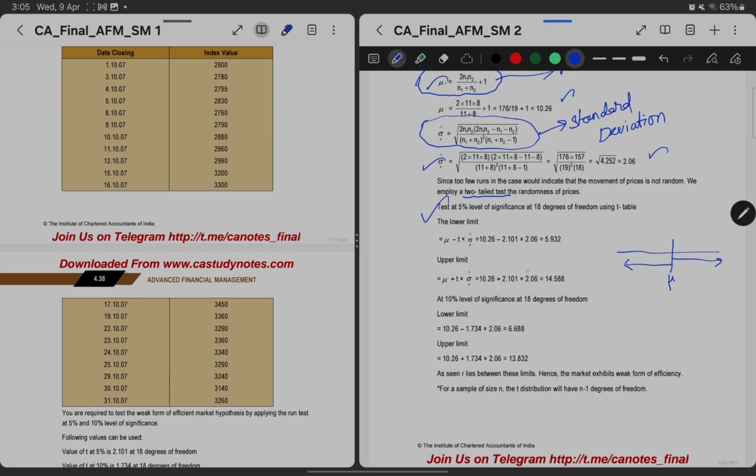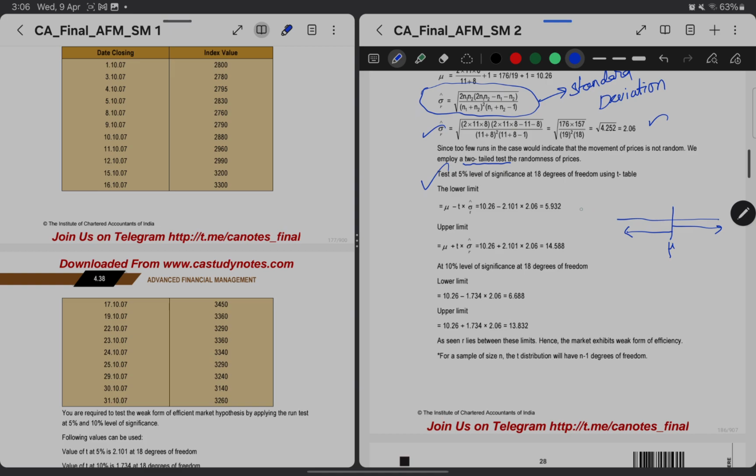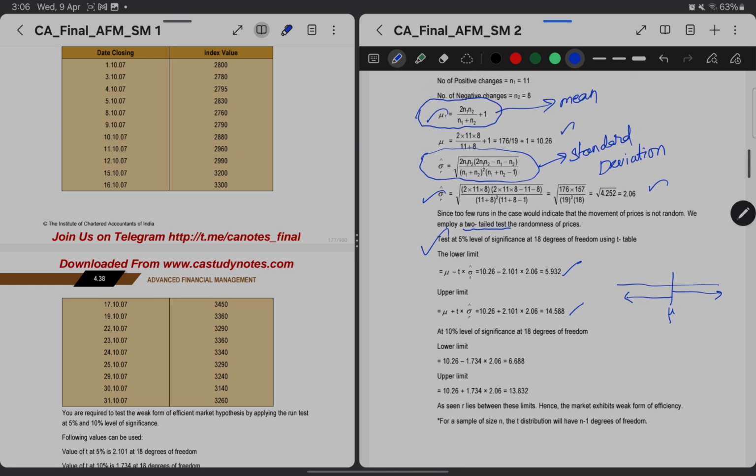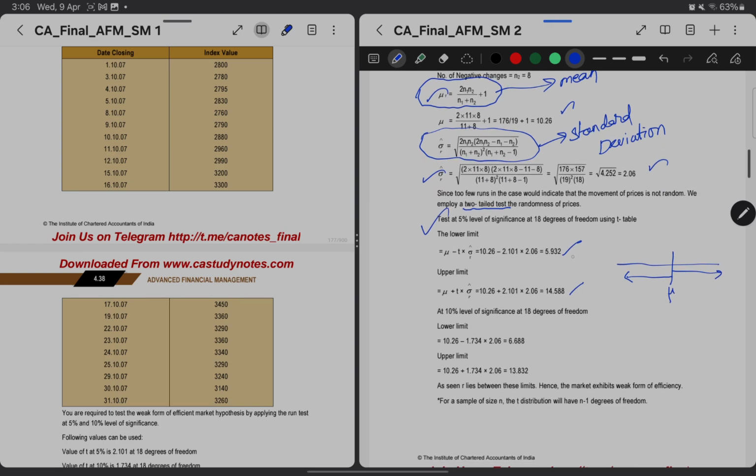We add the standard deviation multiplied by the value of t, and we get the upper limit. As we can see, the lower limit is 5.932 and the upper limit is 14.588, and our runs are 8, which is within the limit of 5 and 14.